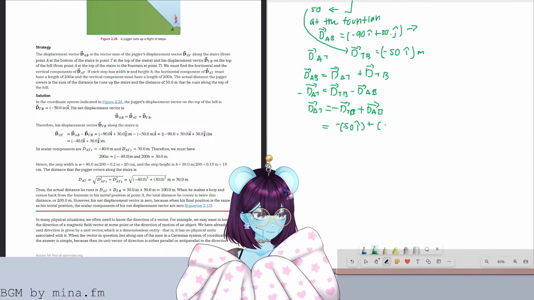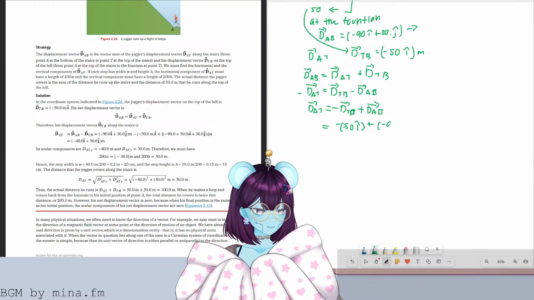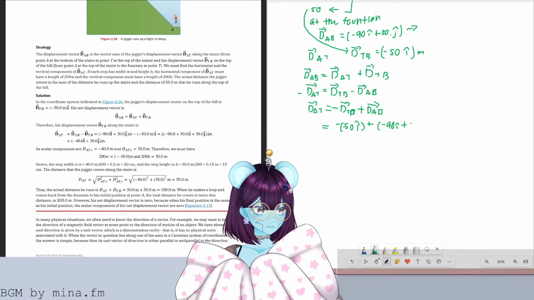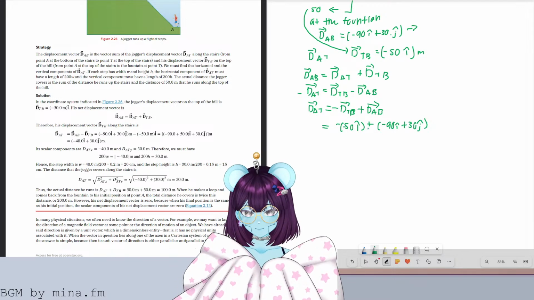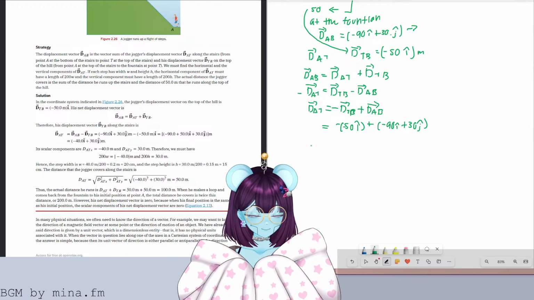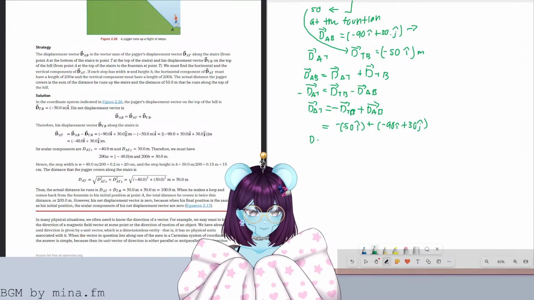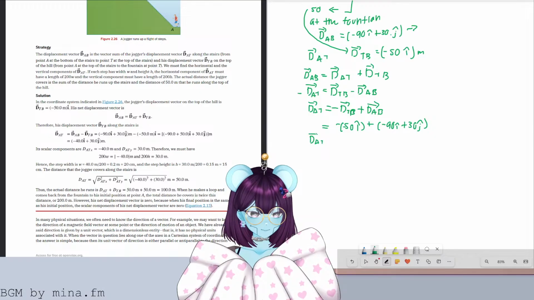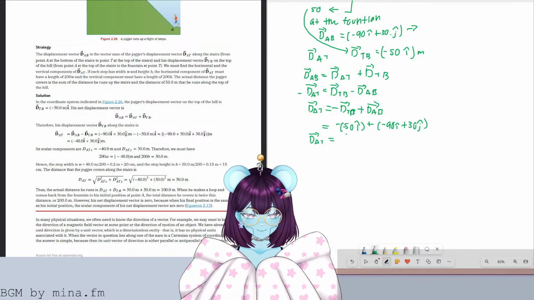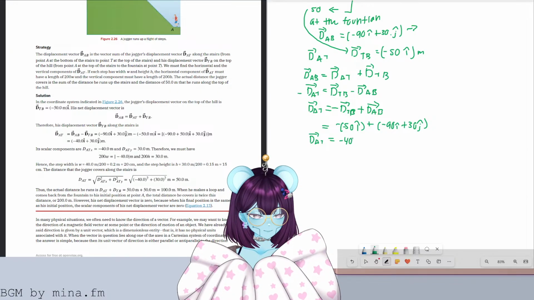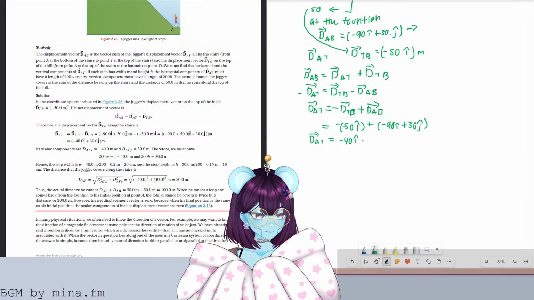And then we have plus negative 90 i plus 30 j. And from that we can get the path of the steps. So DAT is equal to negative 40, because of 50, 90, i, and then plus 30 j.